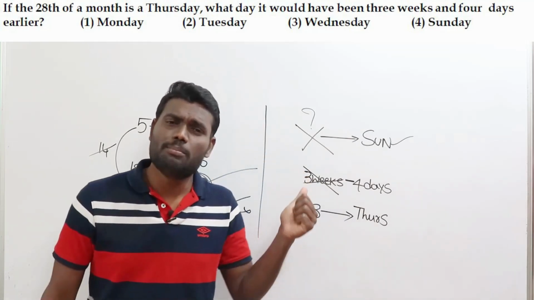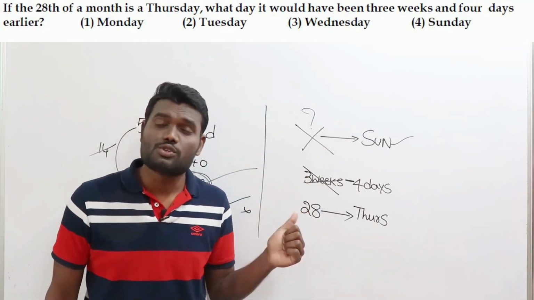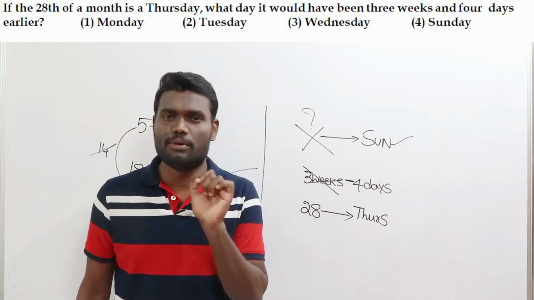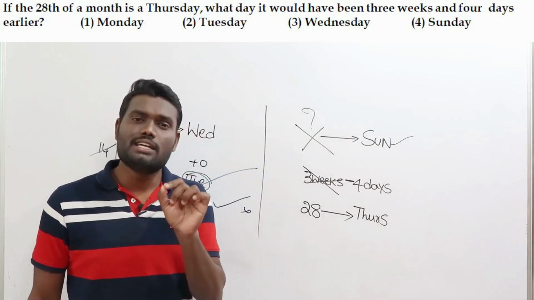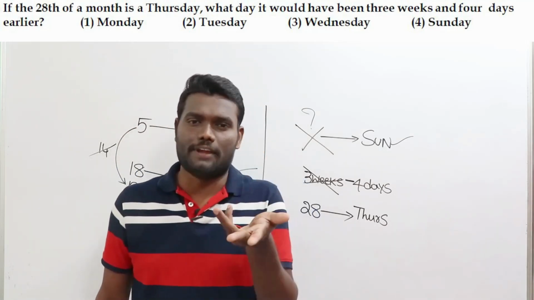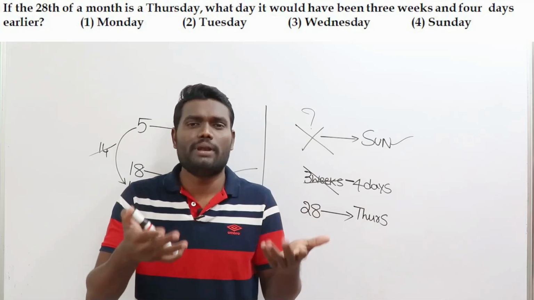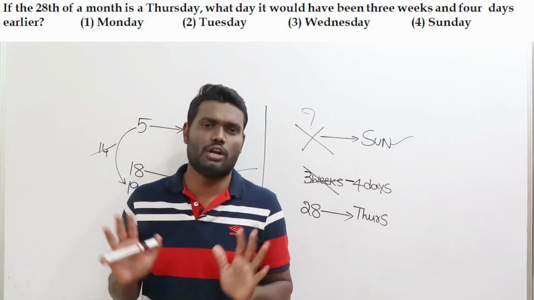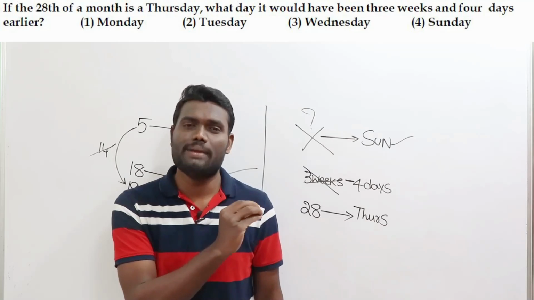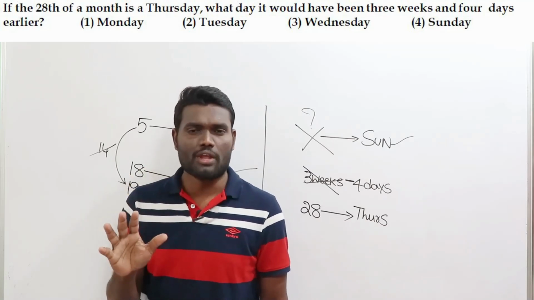Now, is this a simple question or a complicated question? This is a really simple question, and you can realize it is simple only if you think about it in a smart way. If you think it's a complicated question, then obviously it is going to be complicated. But if you look at it in a smart way, these questions can be answered in a really simple manner.